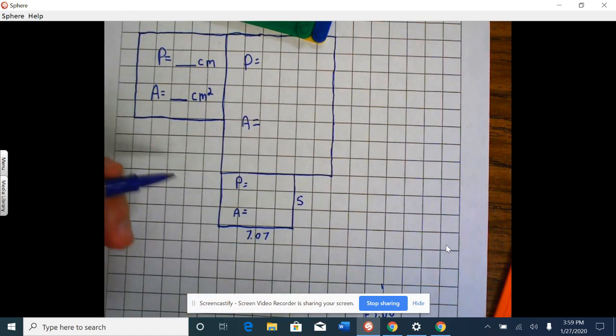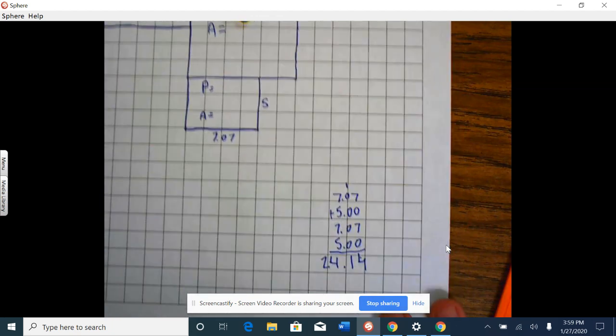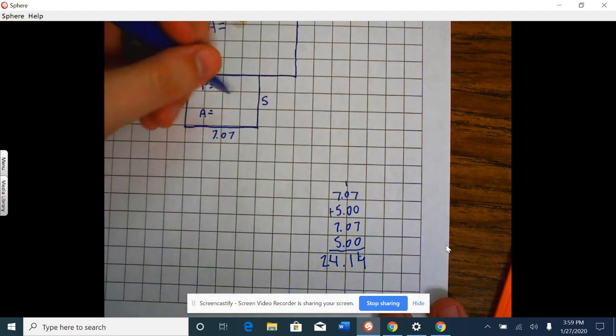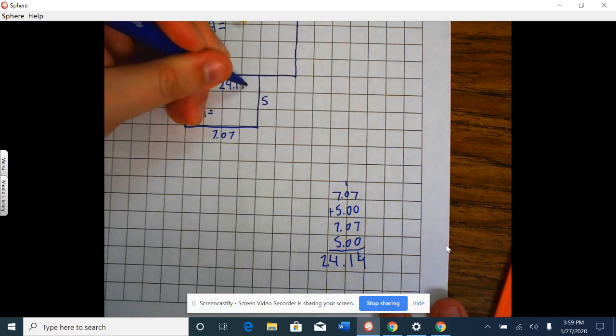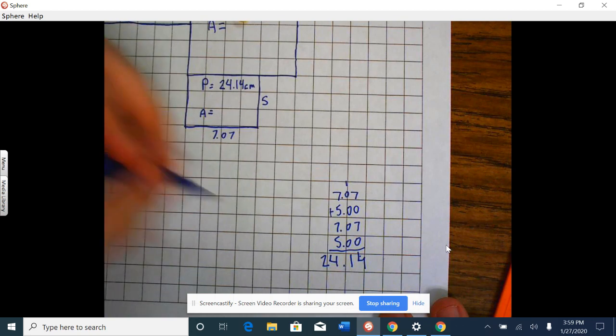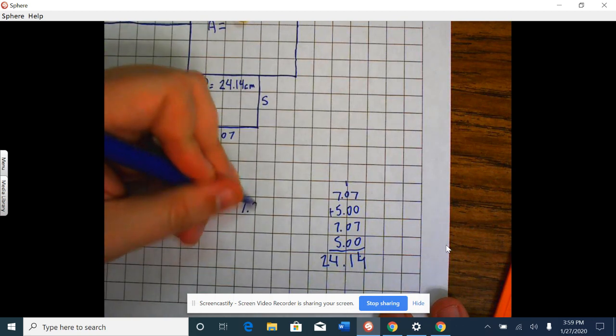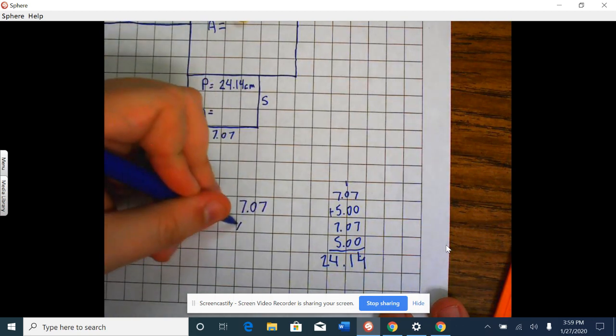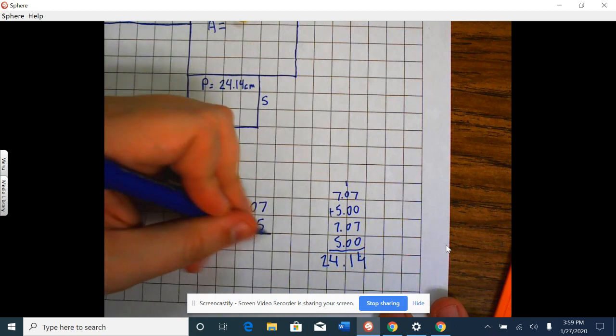So my perimeter there, working all that out, sorry you couldn't see it, is 24.14 centimeters. Then for area, I'll do 7.07, my length times my width.